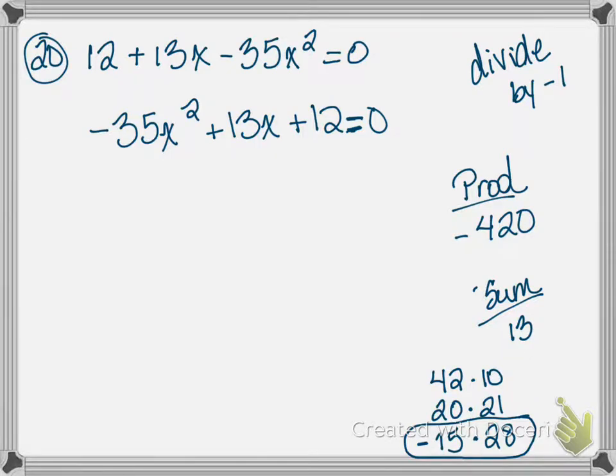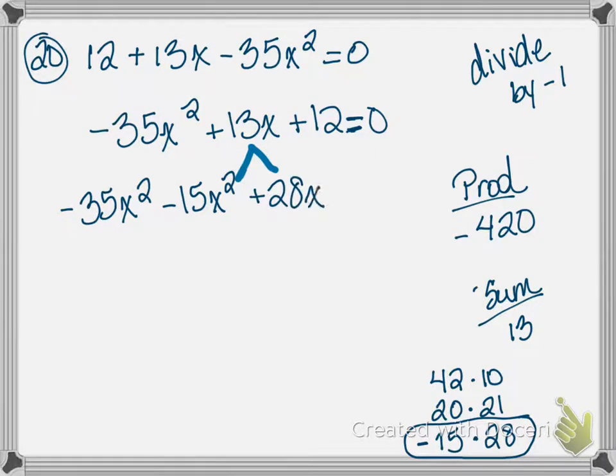So now, because we're dealing with factoring something where your a value is not 1, we are going to split this into those two numbers. So I've got negative 35x squared minus 15x plus 28x plus 12 equals 0. I'm sorry, that's not x squared, that's just going to be x right here.